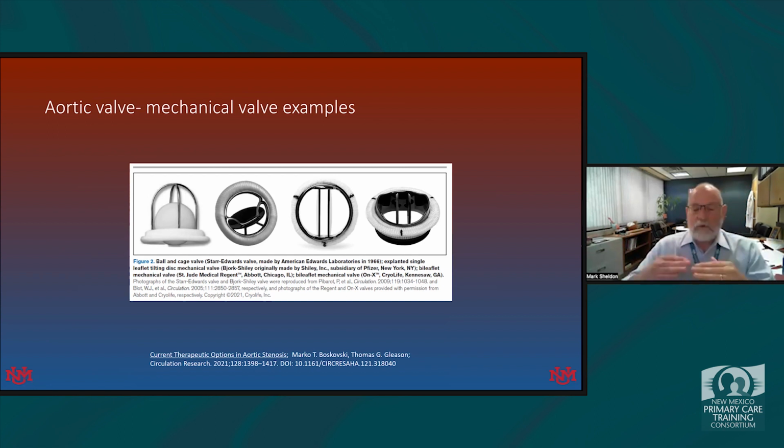They basically work with two hinged semilunar leaflets that open like this to allow the blood to come out. These had a lot of problems. This one here, the Bjork-Shiley, would actually have fractures of the structure here, and the disc would embolize every once in a while, which would never really be a great outcome for the patient.